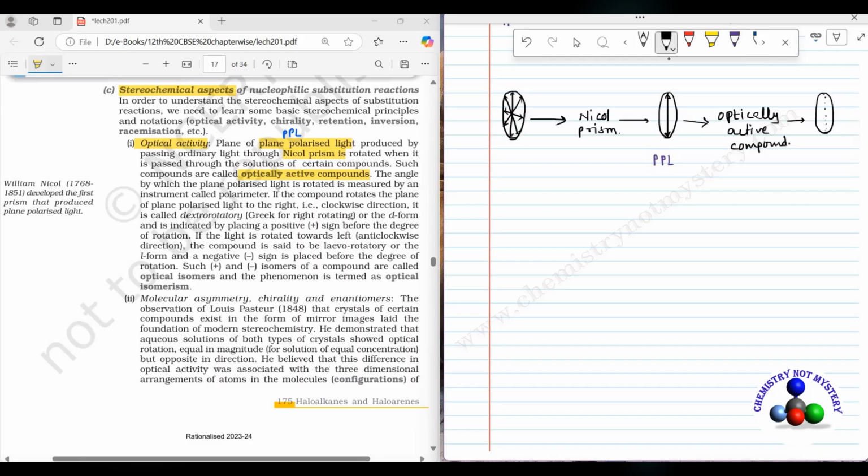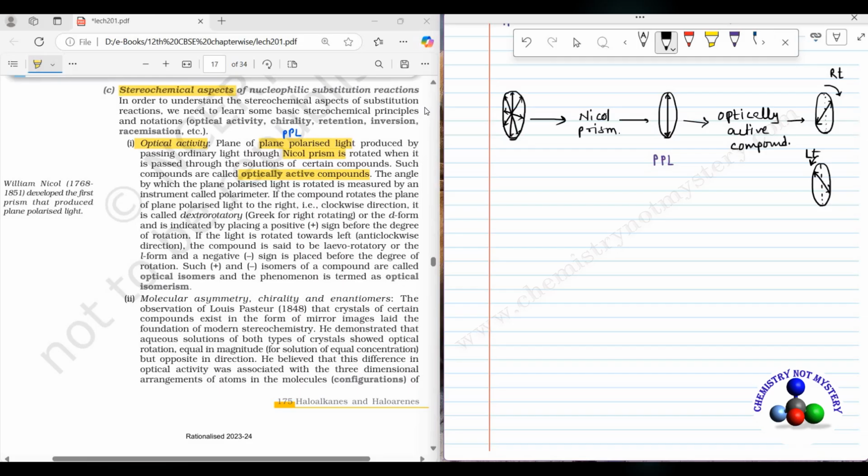If it rotates the light to the right direction, or the other option, it may rotate the light in the left direction. Here it rotates the light in the left direction, and here it rotates the light in the right direction. So here, read from the book.